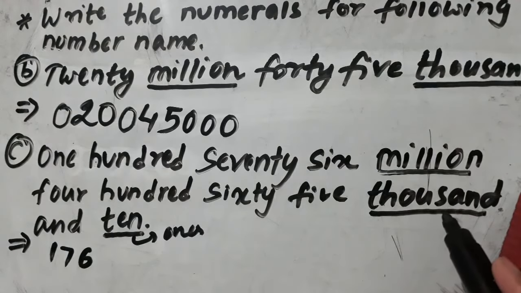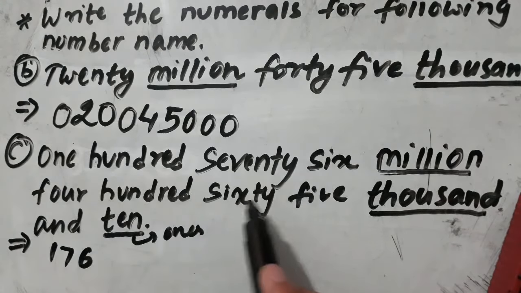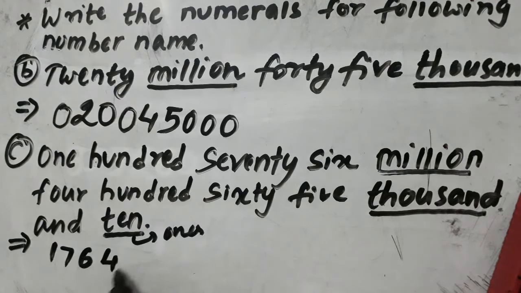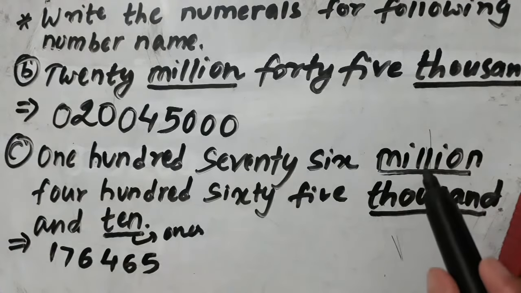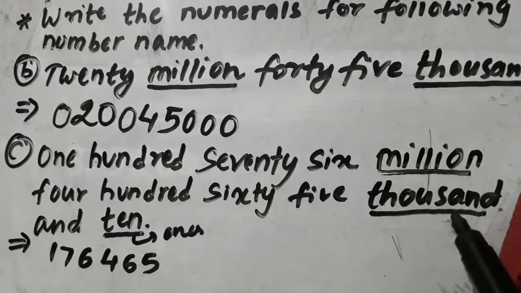Similarly in the period of 1000 there is 465, which means 465. Now in the period of million there are 3 places already. Similarly in the period of 1000, 465, there are 3 places.